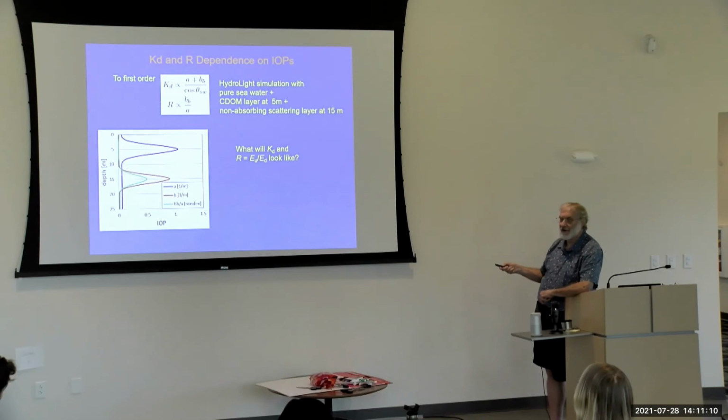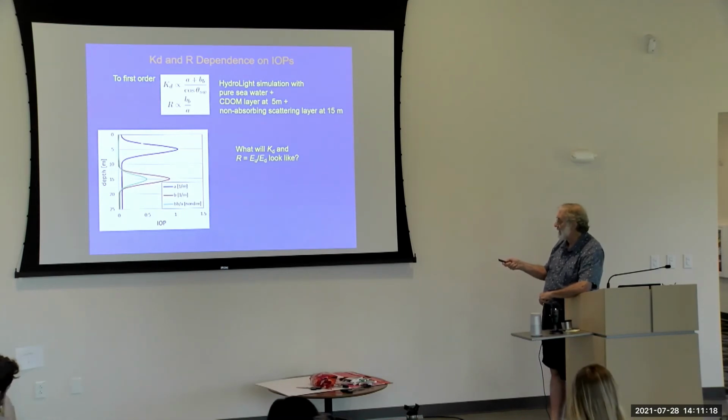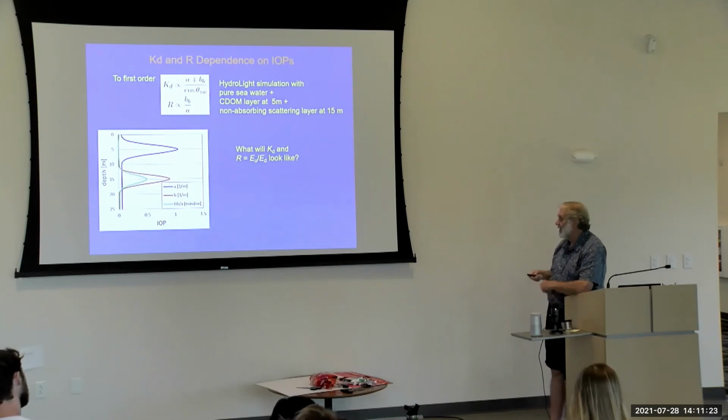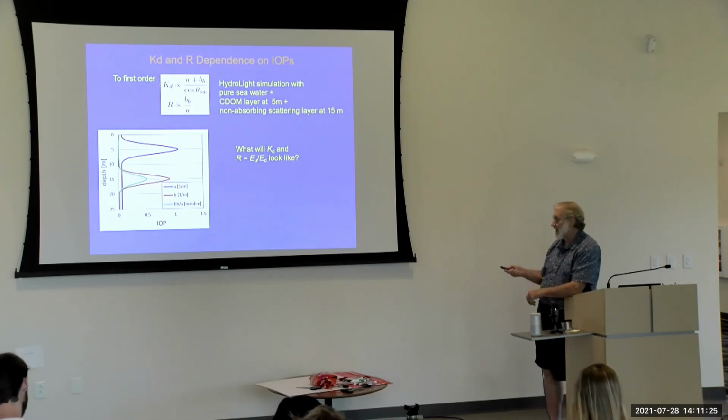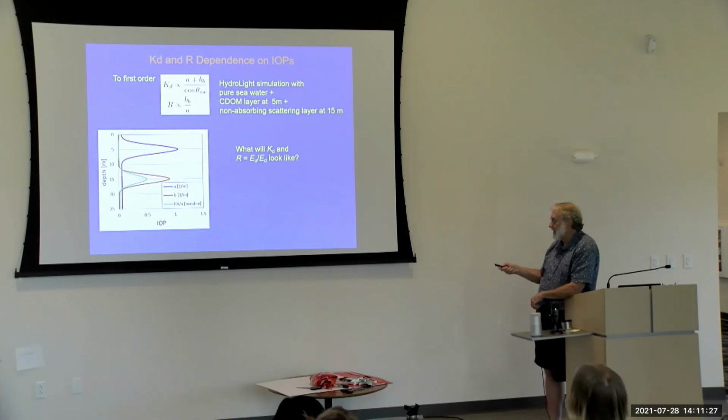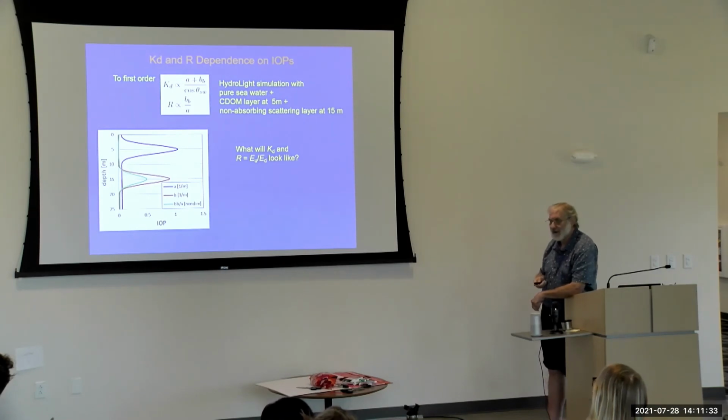It might be a lot of little bubbles, for example, but non-absorbing, highly scattering. And a highly absorbing layer here of CDOM. So highly absorbing but non-scattering. So what's K_D going to look like if I measured in the water and used the E_Ds to get a K_D profile?